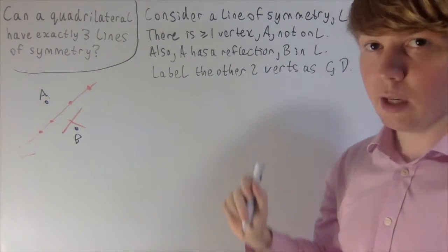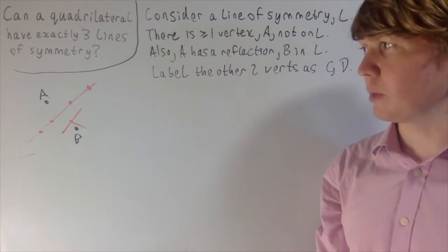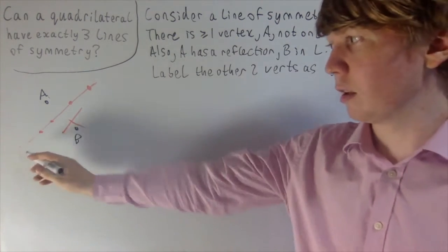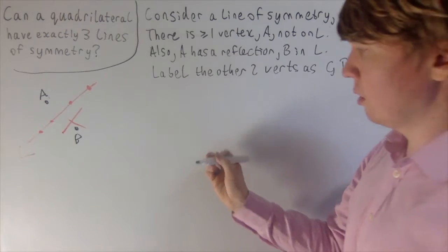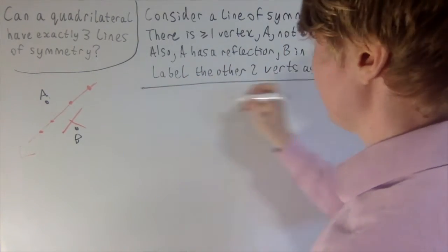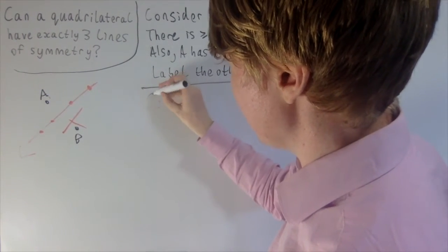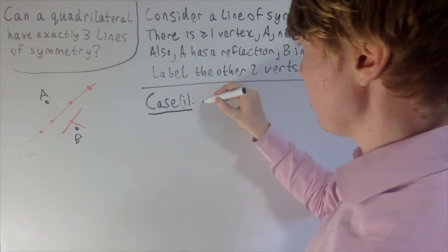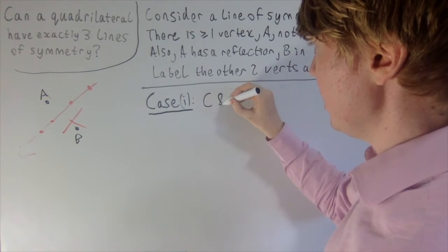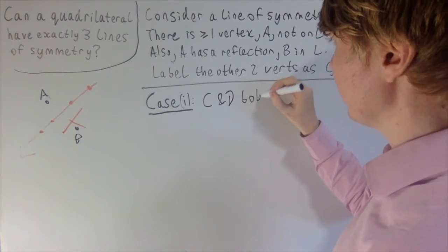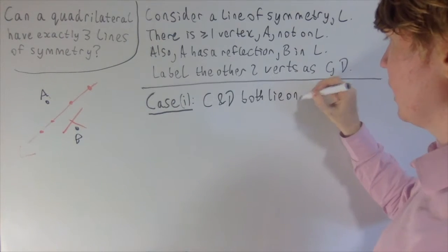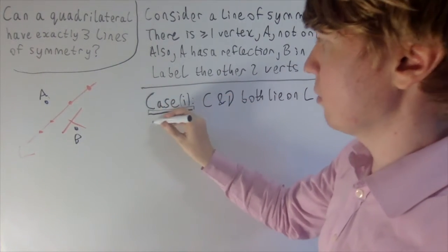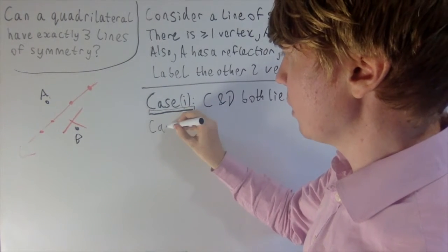Okay, so what we're going to do now is split up into some cases depending on the position of where C and D lie relative to A, B, and our line L here. So the first case, call this case 1. This is where C and D both lie on the line L. And this is still covering quite a lot of different cases, so I'm going to split this up into 1A and 1B.